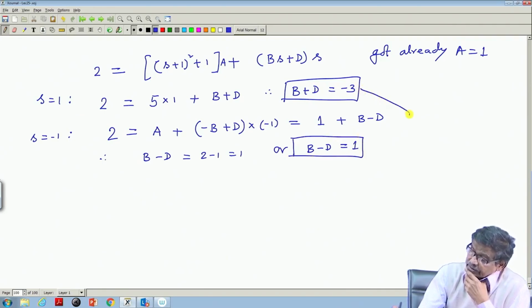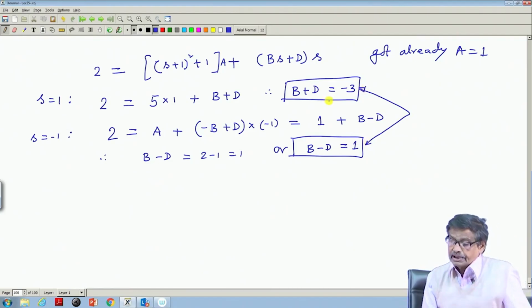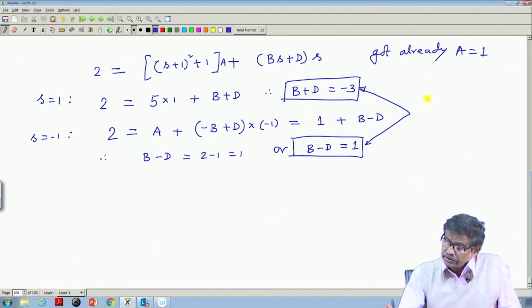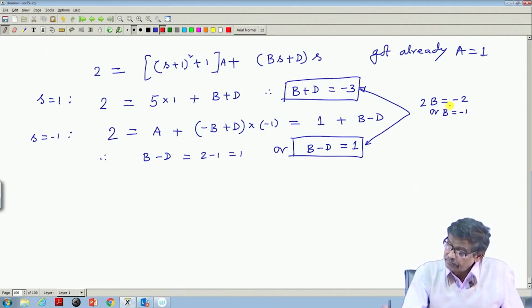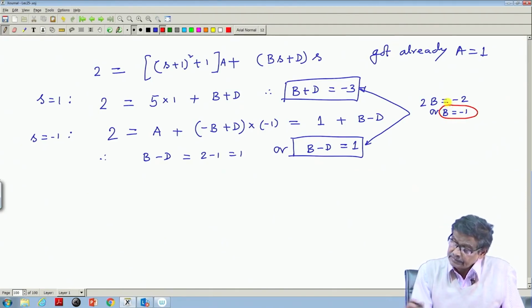Now, these two equations can be easily solved to obtain the value of B and D. Add these two, from these two you will get 2B is equal to minus 2, or B is equal to minus 1. So, B is equal to minus 1 you will get.